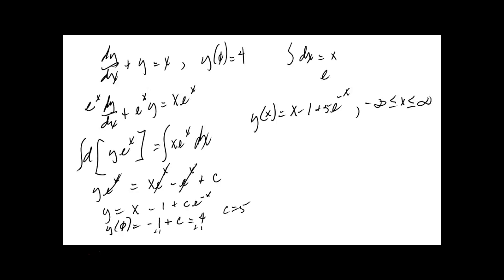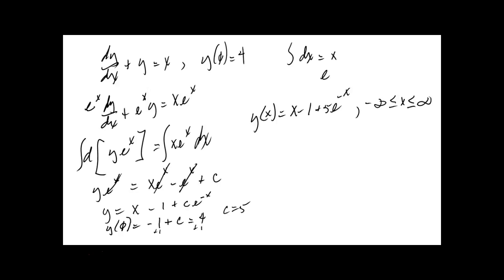We say that ce to the minus x, this term right here, is a transient term. This is the one with C equal to 0.